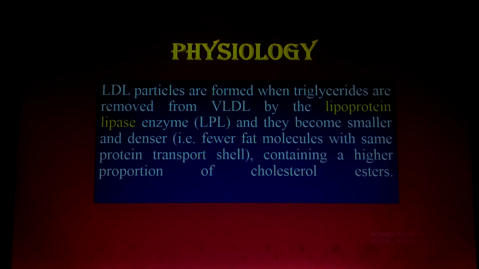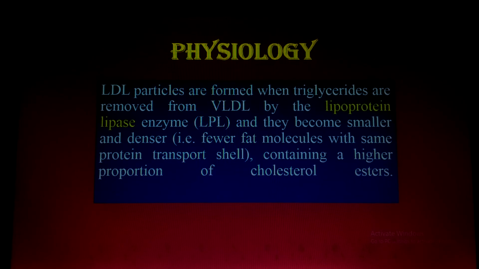Now, physiology. How is the LDL produced in our body? LDL particles are formed when the triglycerides, and you are familiar with the triglyceride, this is the most important type of lipid, are removed from the very low density lipoprotein by the lipoprotein lipase enzyme.